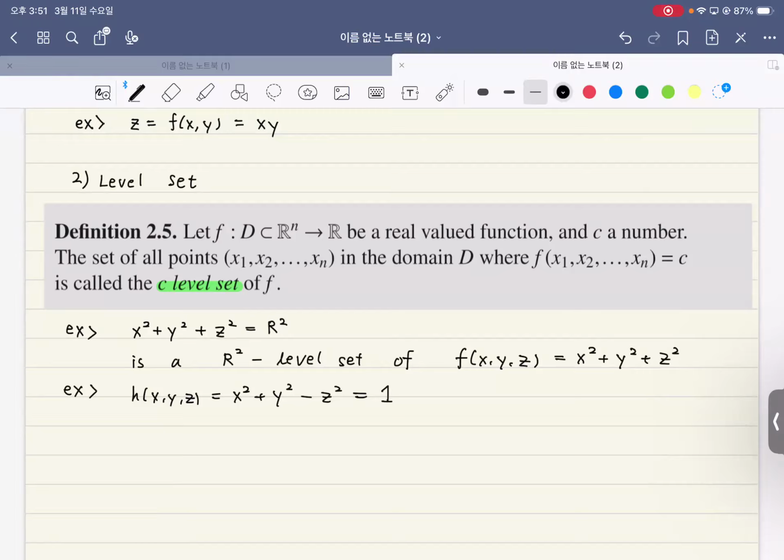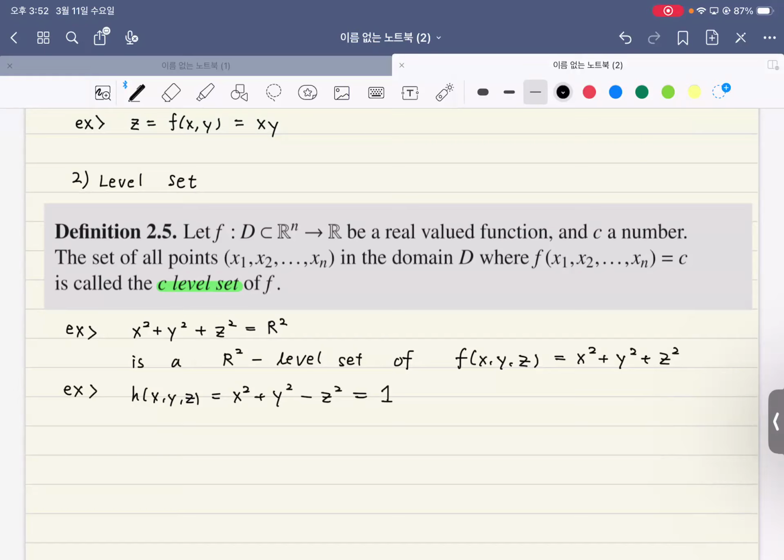So when you plug in z equals 0, the section of this surface at the x and y plane should be the circle with center origin and radius 1, right? So the intersection of this level set with the x and y plane should be something like this.